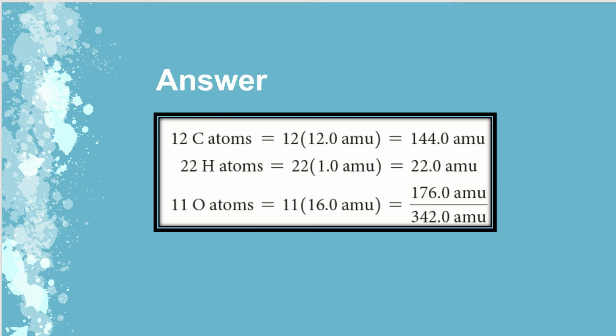All right, if you calculated 12 times 12 to be 144, then 22 times 1, and then 11 times 16, and added them all up, you would have gotten 342.0. Clearly we're considering our significant figures, or decimal places, here.